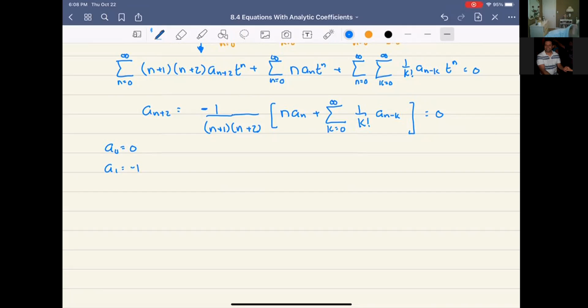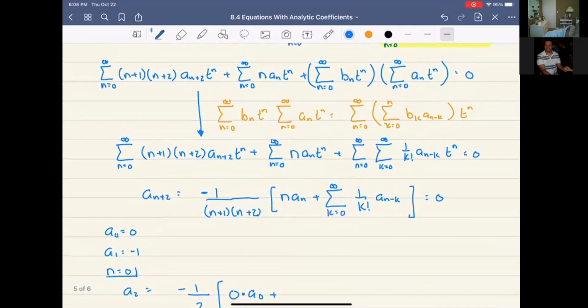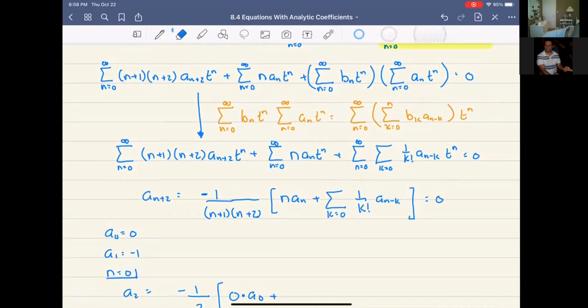So n equals 0 is going to give us A sub 2 is -1 over 1 times 2, which is 2, times 0 times A0, plus this sum, which for whatever reason I wrote infinity, should have been n.